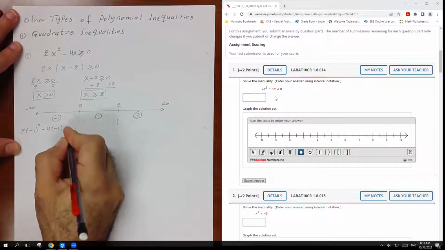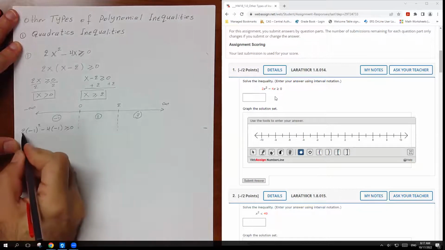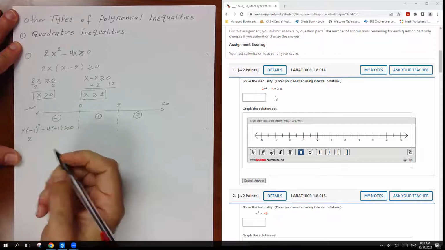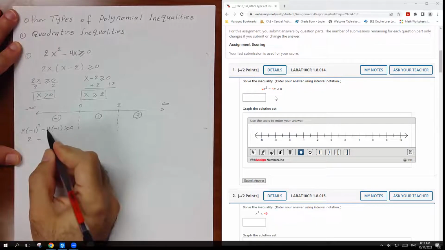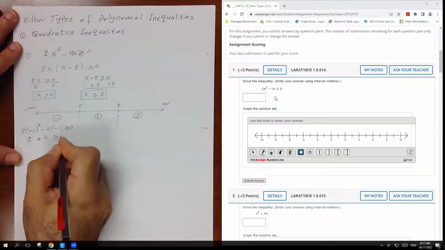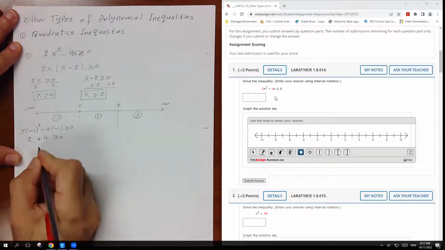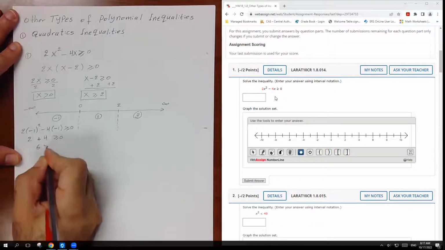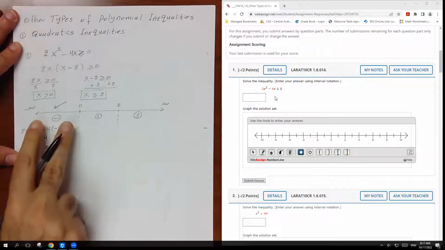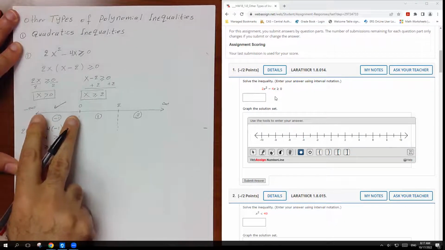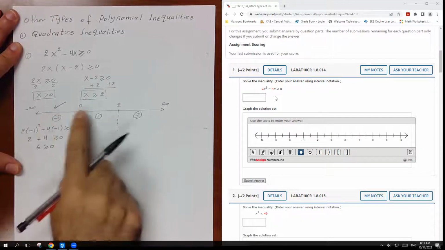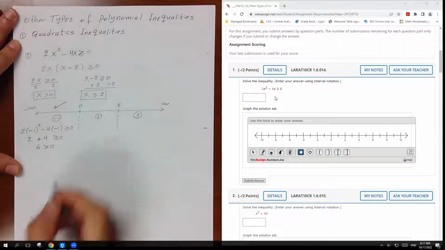Is the result greater than or equal to 0? -1 squared is 1, times 2 is 2, minus 4 times -1 is plus 4. 2 plus 4 is 6, which is greater than or equal to 0. That means the first interval is our solution, which is from negative infinity to 0.